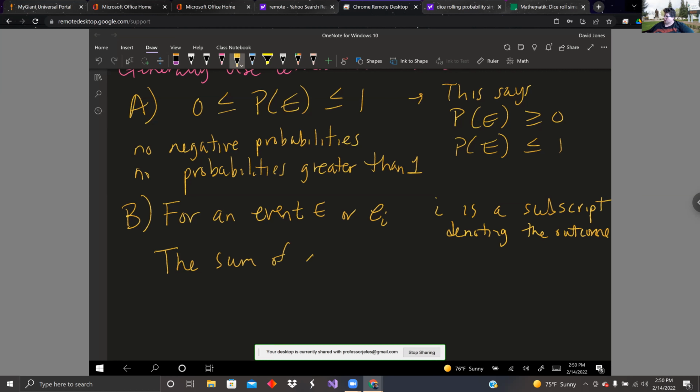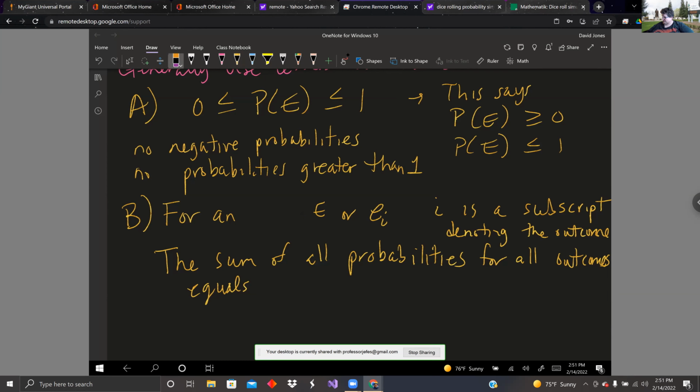Sum of all probabilities for all outcomes, not events, but all outcomes. Which means I should change that.